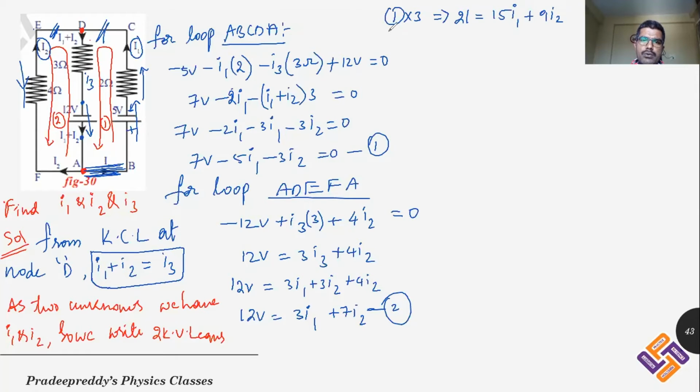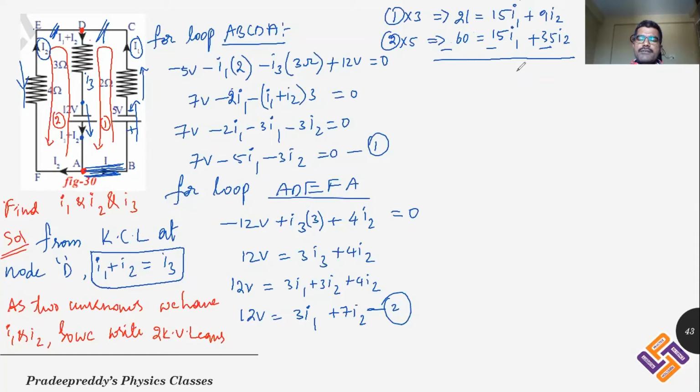Next equation 2 I am multiplying with 5. Equation 2 if I multiply with 5, 12 5s 60 is equal to 5 3s 15 I1 plus 5 7s 35 I2, right? Now you can take these equations, you subtract one from the other.